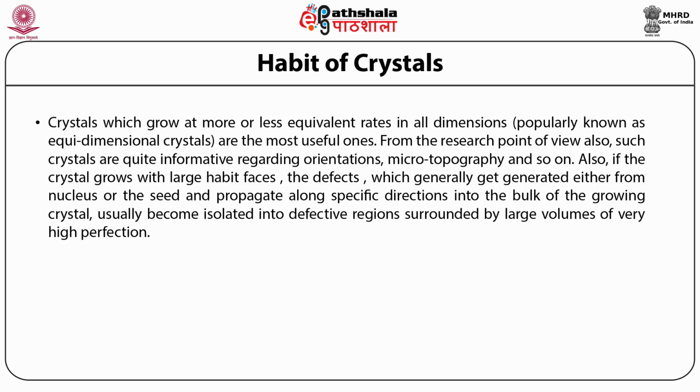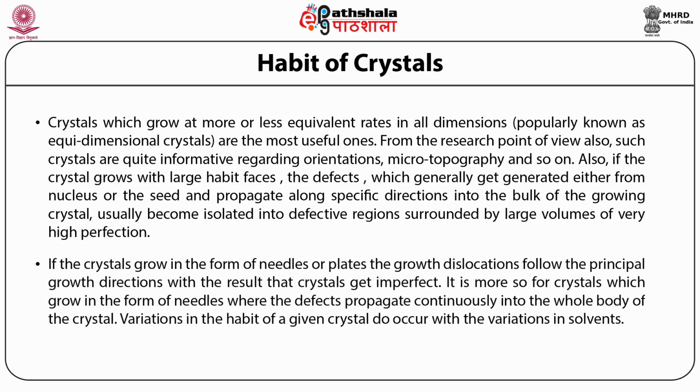Also, if the crystal grows with large habit phases, the defects, which generally get generated either from the nucleus or the seed and propagate along specific directions into the bulk of the growing crystal, usually become isolated into defective regions surrounded by large volumes of very high perfection.